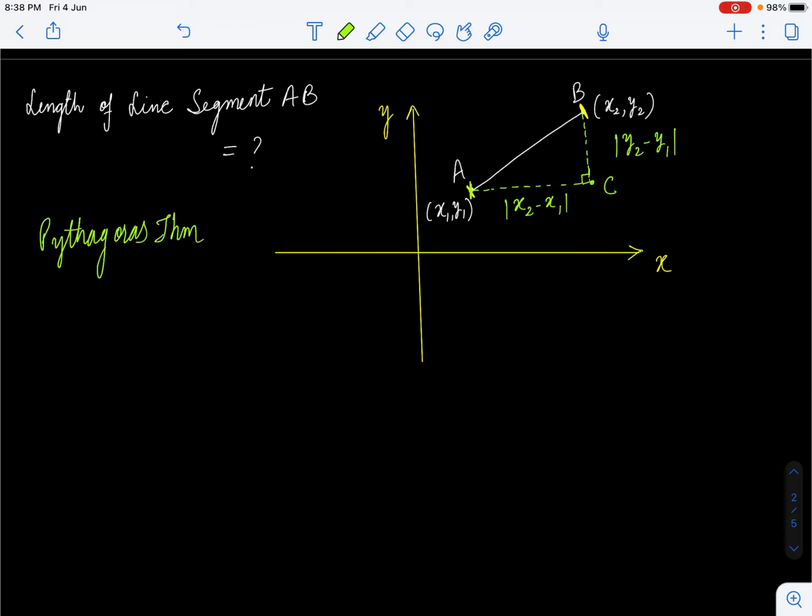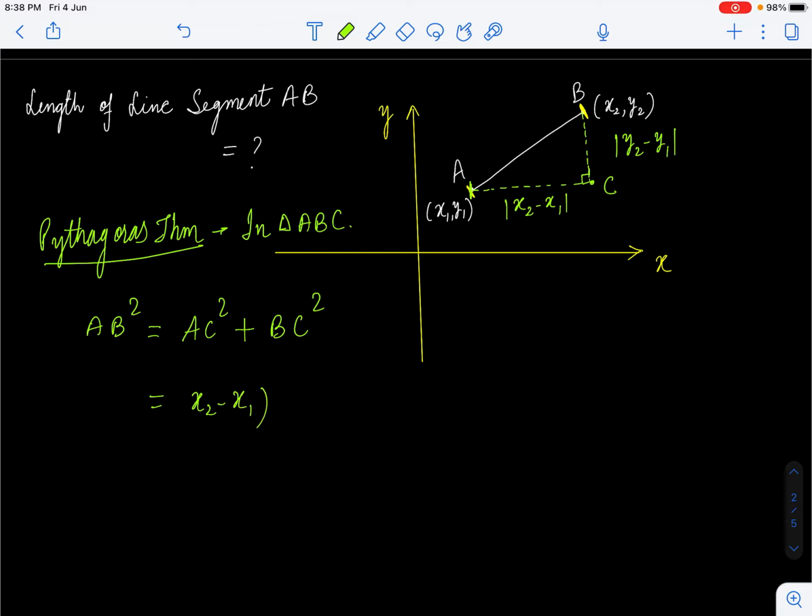If I apply Pythagoras theorem in triangle ABC, I can write AB square is equal to AC square plus BC square. AC square is x2 minus x1 whole square, and BC square is y2 minus y1 whole square. So this is my AB square.